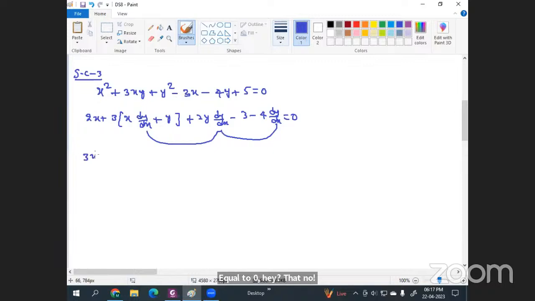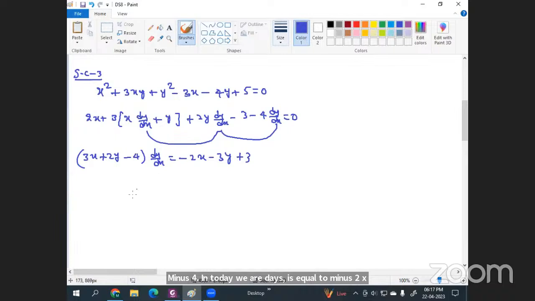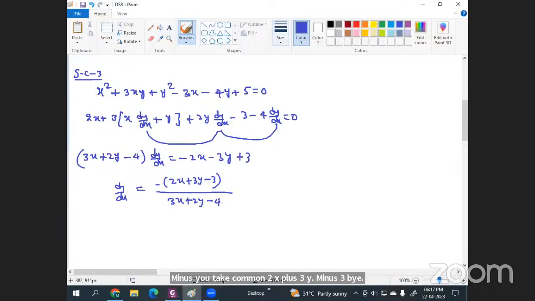So that is 3x plus 2y minus 4 into dy by dx is equal to minus 2x minus 3y plus 3. So dy by dx equal to minus, you take common, 2x plus 3y minus 3 by 3x plus 2y minus 4. Now this is the answer, correct?